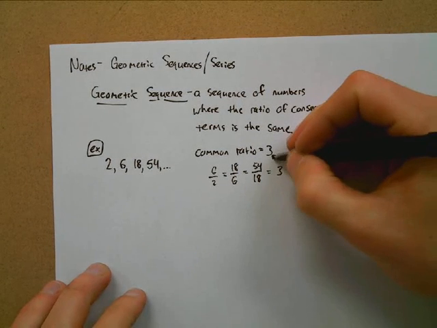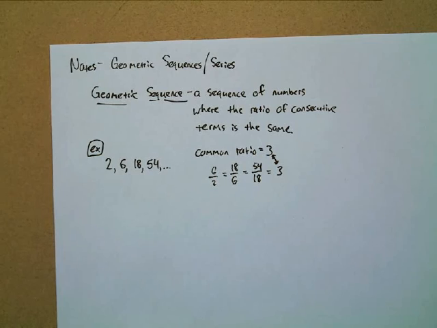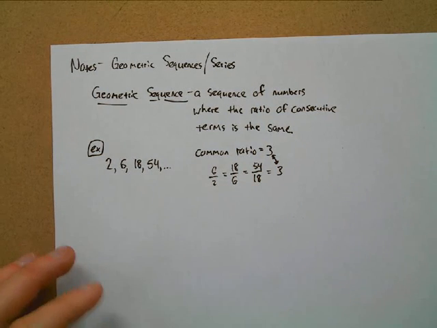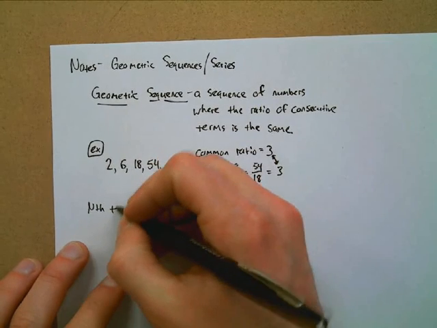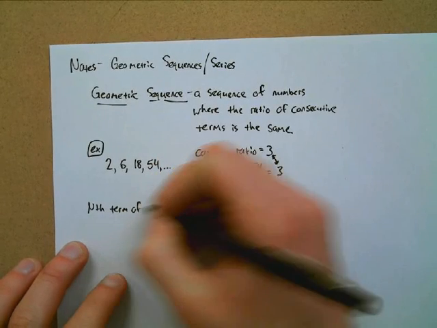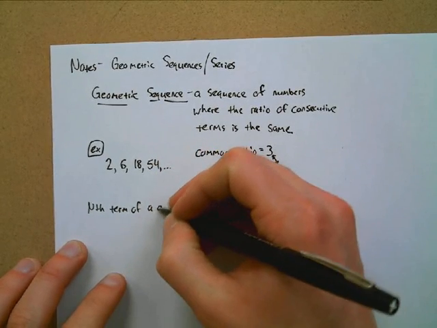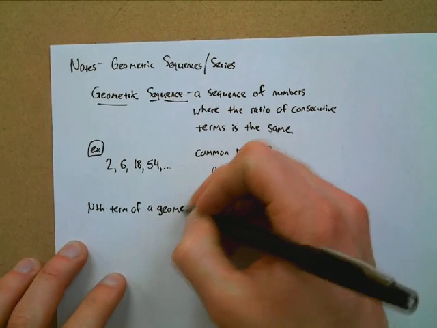Okay, so the nth term of a geometric sequence. Just like we had for arithmetic sequence, we had to find an nth term, we can also do the same thing.